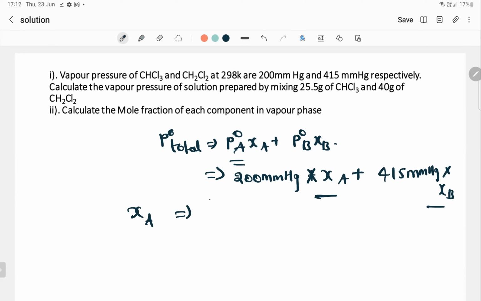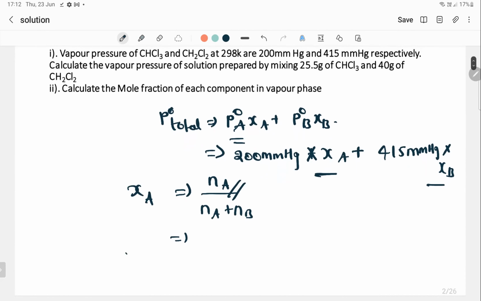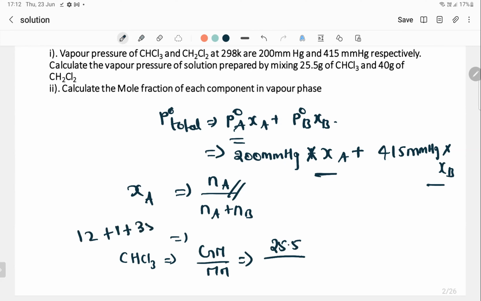XA is equal to number of moles of solute by number of moles in solution, that is Na plus Nb. So you have to find the number of moles. First, for chloroform, CHCl3. The number of moles is given mass divided by molar mass. Given mass is 25.5. Molar mass: carbon 12, hydrogen 1, chlorine 35.5 into 3.